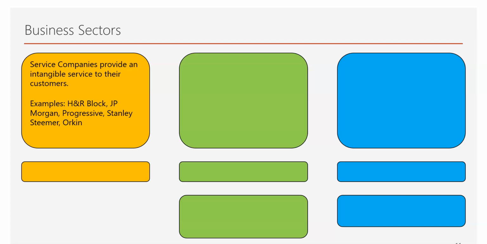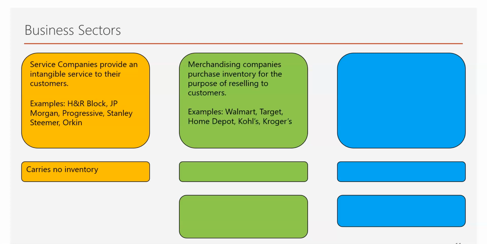Examples: H&R Block, JP Morgan, Progressive, Stanley Steamer, Orkin. These are companies that provide a service to their clients and their customers. So as such, since they're providing intangible service, they're not selling anything of material nature, so they carry no inventory in the balance sheet.